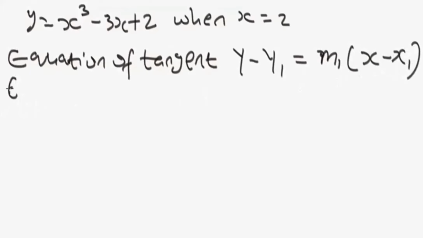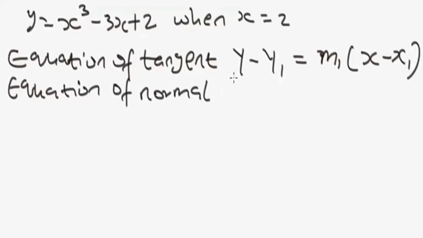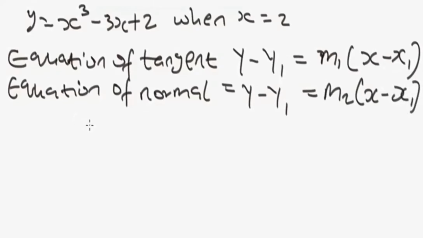Whereas for equation of normal to the curve, we solve using y minus y1 equals m2 in bracket x minus x1. Okay, so this is for equation of normal.